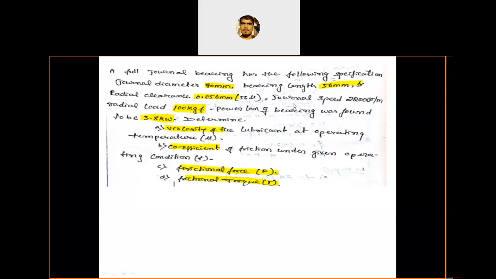Journal speed 22,000 rpm, radial load 10 kg, and power loss of the bearing is 3.8.